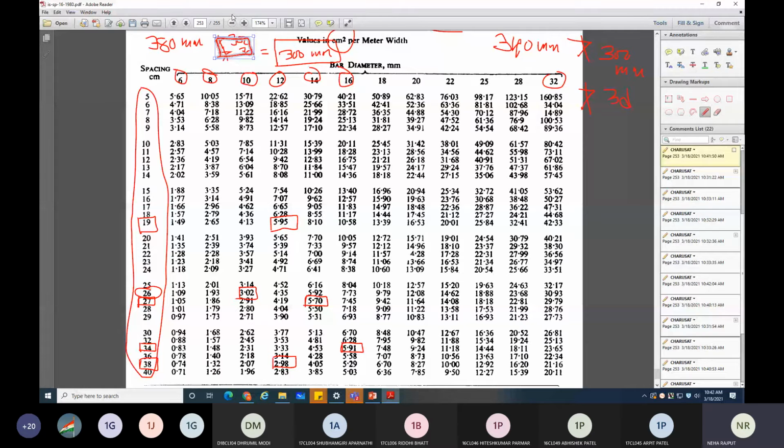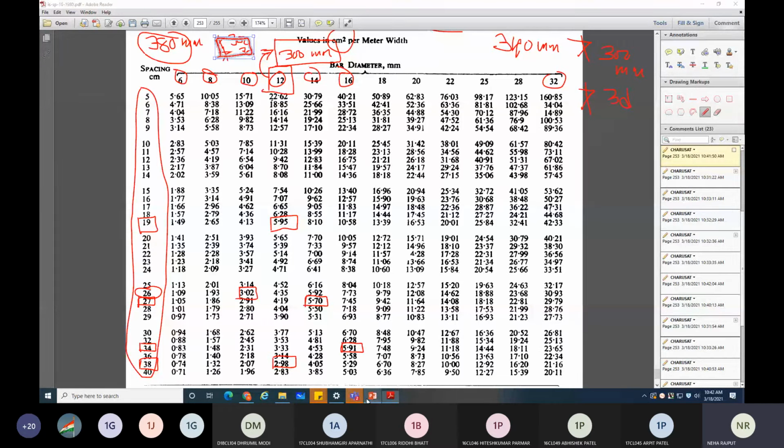So this is also applicable. This also you can do. If you want to take 12 mm diameter, then you just restrict your spacing. So here we'll do the same thing. We'll take 12 mm diameter, but the spacing will be 300, not 380.